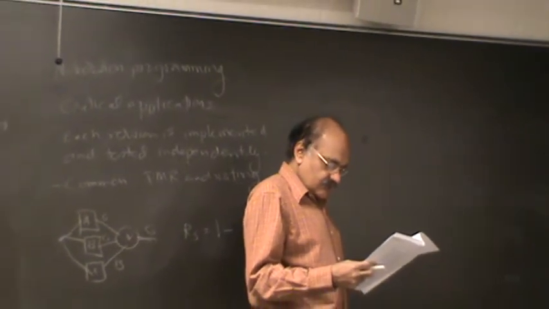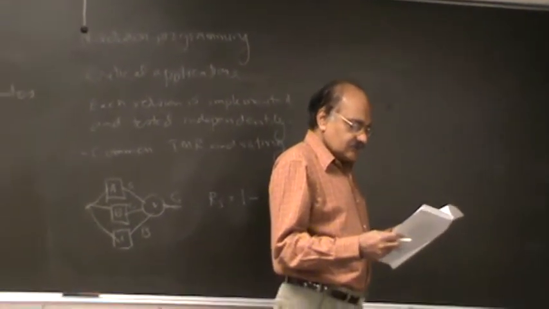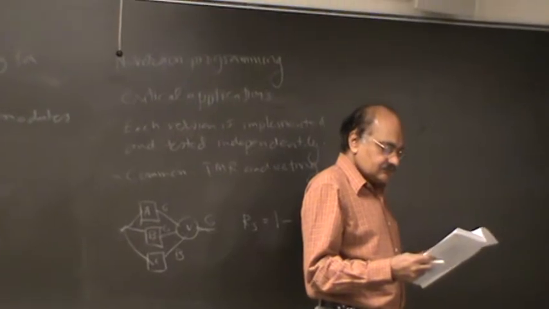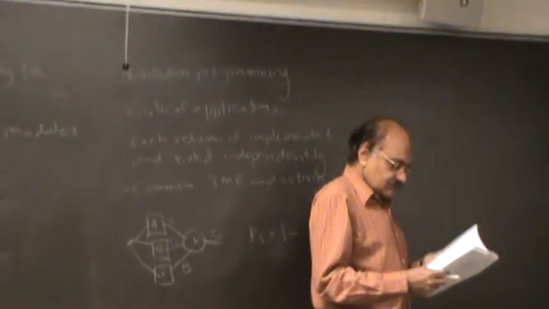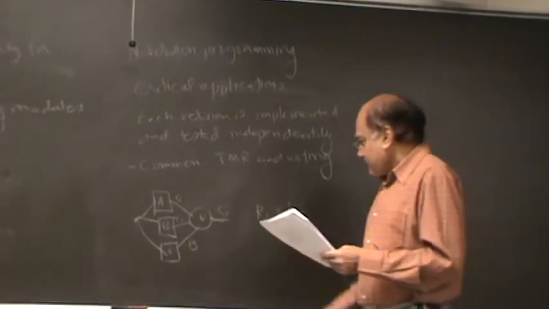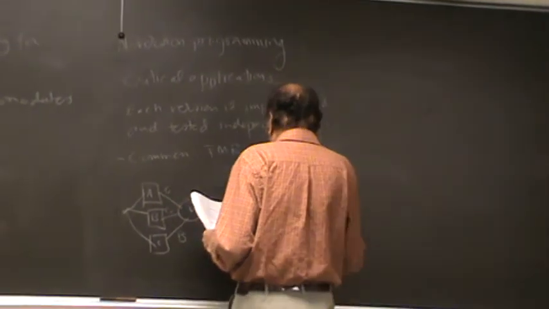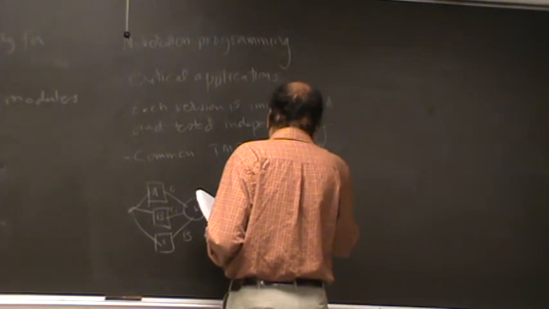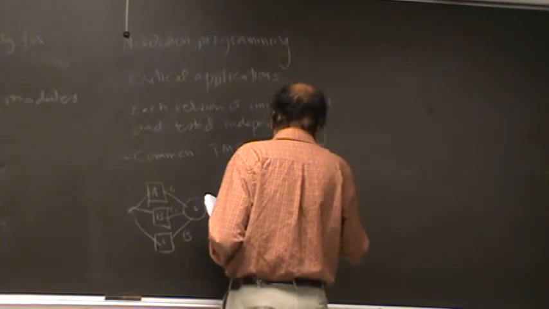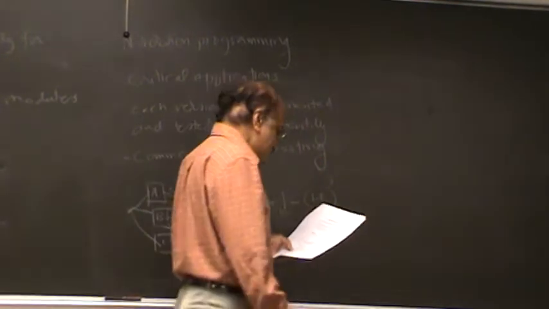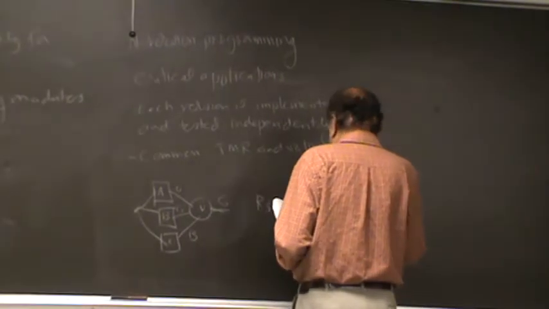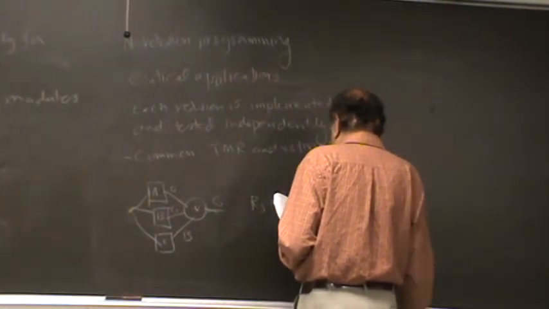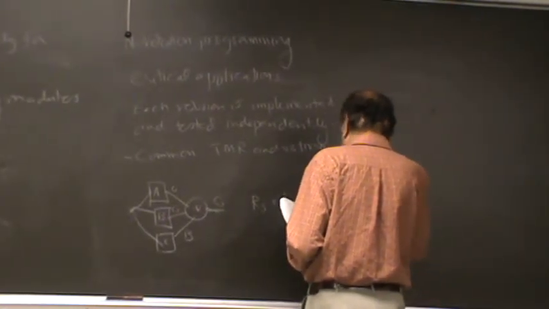It works correctly, and let's see, is that the formula I want to use here? Okay, let me write it differently. So it will work correctly as long as all of the three modules are not bad, and you don't have the case when you have two of them bad.